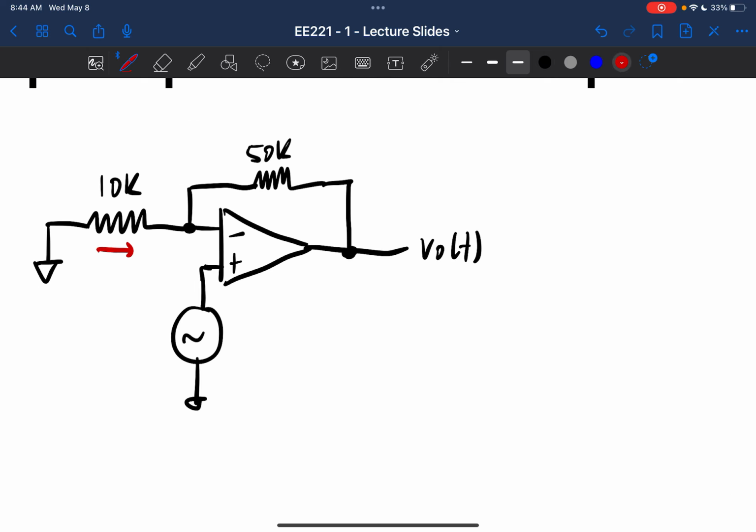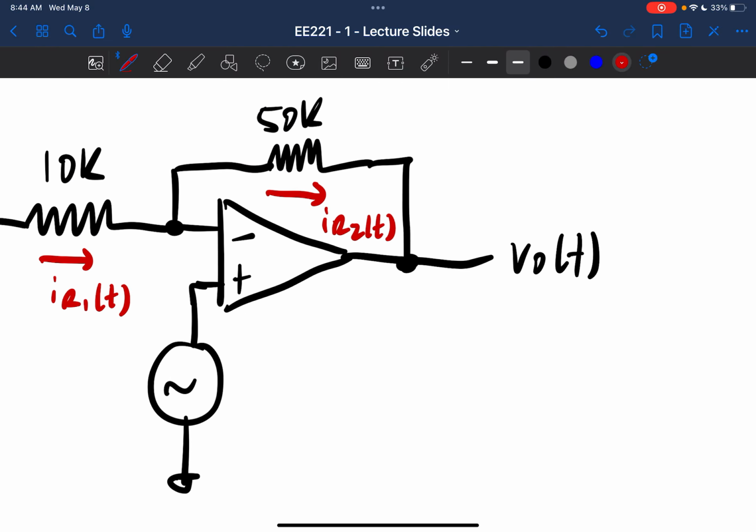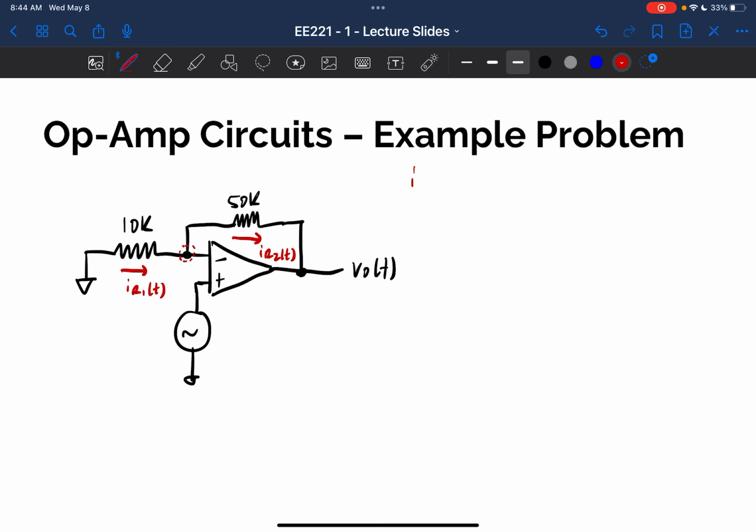So I'm going to go ahead and call this again IR1 of T, and then this one will be IR2 of T. And we know from KCL at this node, of course, that IR1 of T is going to be equal to IR2 of T, since no current flows into the op-amp terminal, right? That current's 0. And so all we have to do is write these out.